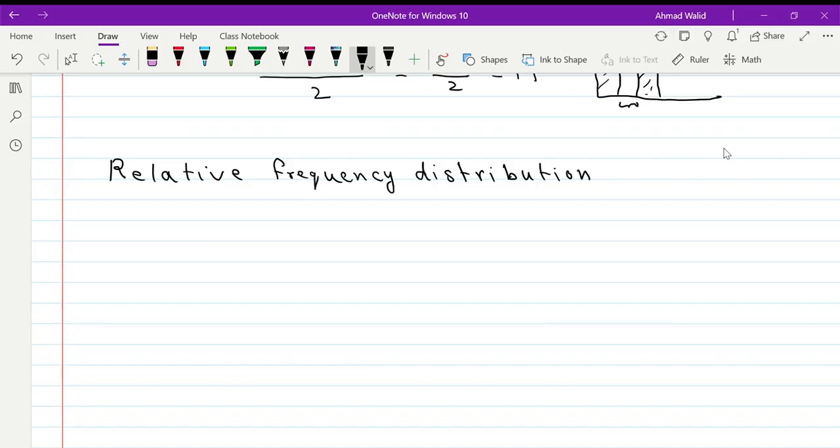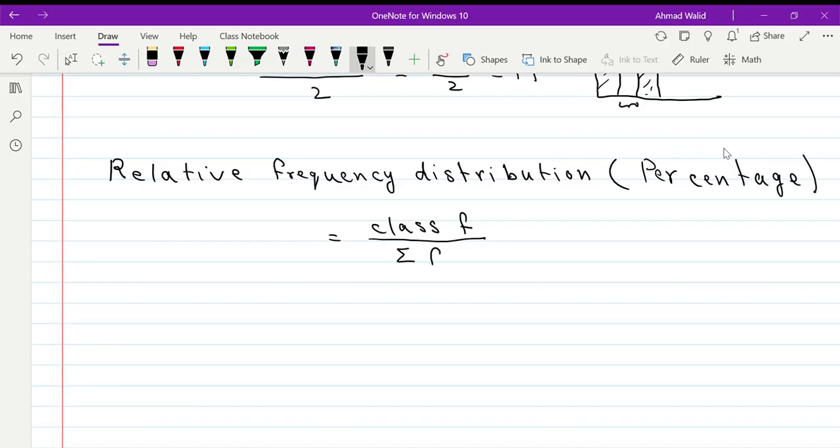To find the relative frequency distribution, which is your percentage, you divide your class frequency by the sum of frequencies.